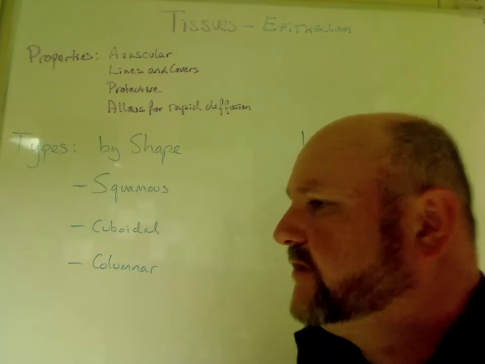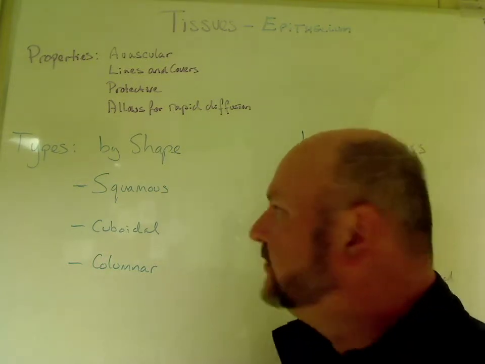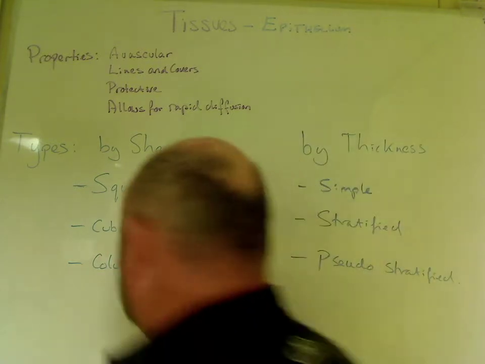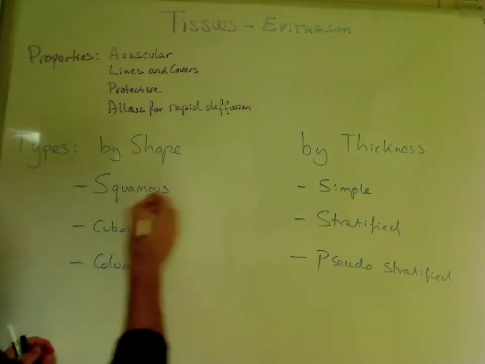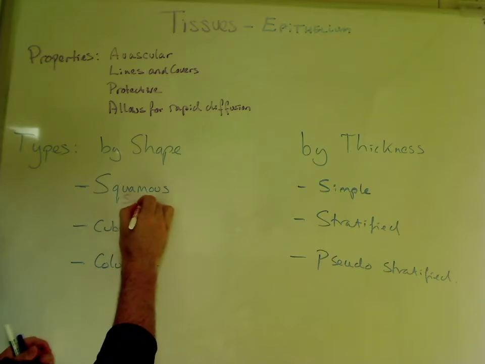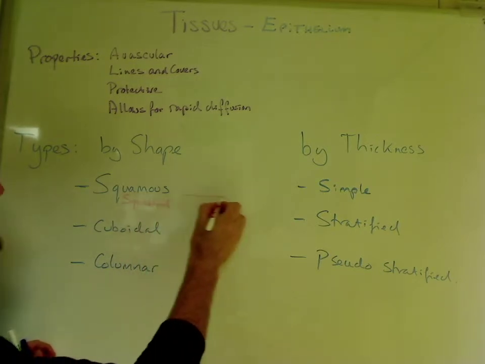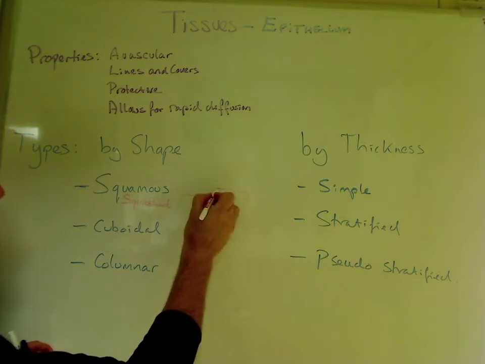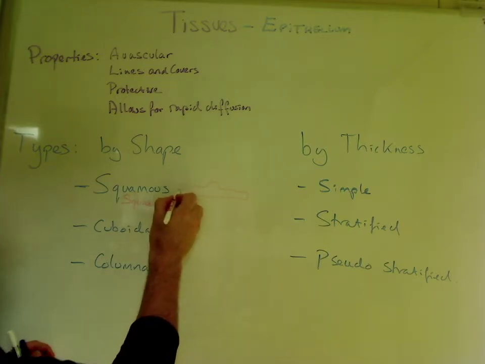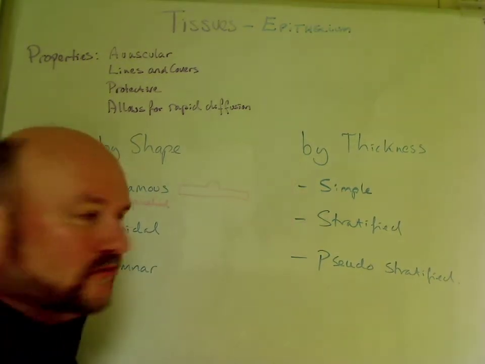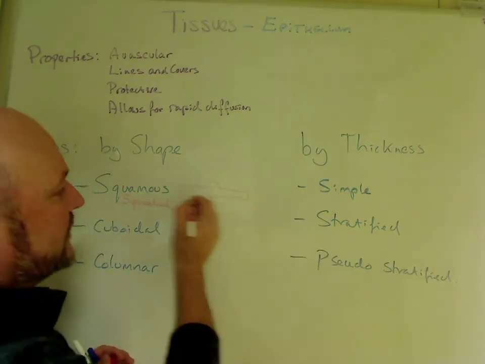So to give it some sort of a shape here, in squamous, meaning squashed, the cell is flattened down. If you think of it like a paving stone, really. So this is a very thin cell.